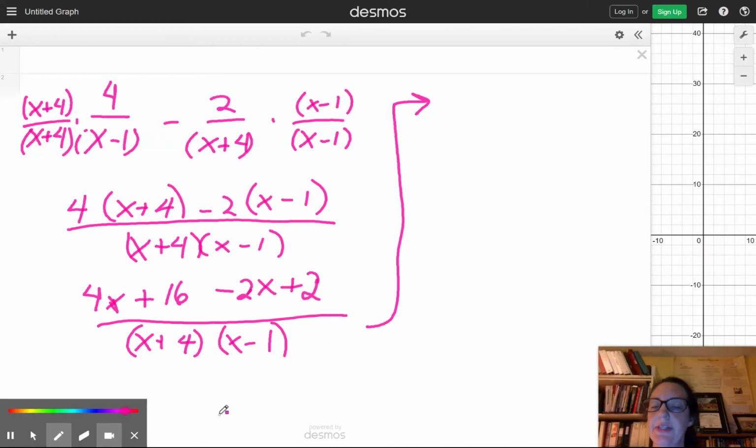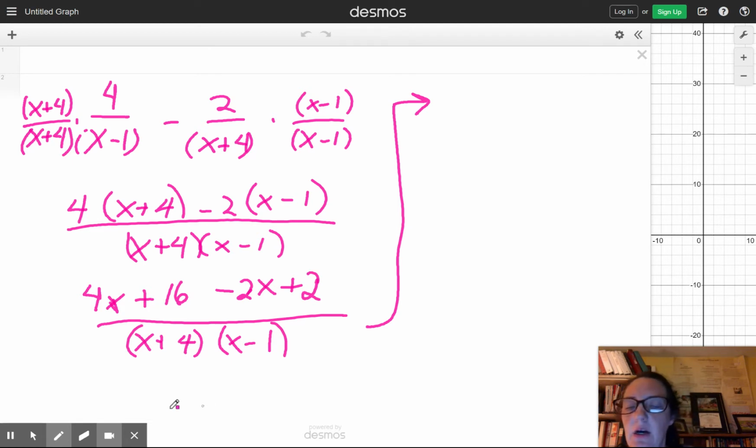Okay, now to finish this problem off, we need to combine our like terms. So we have 4x minus 2x gives us 2x, and 16 plus 2 gives us 18.